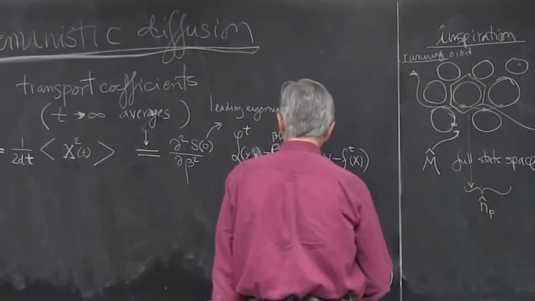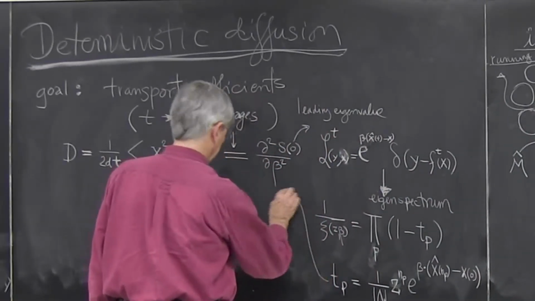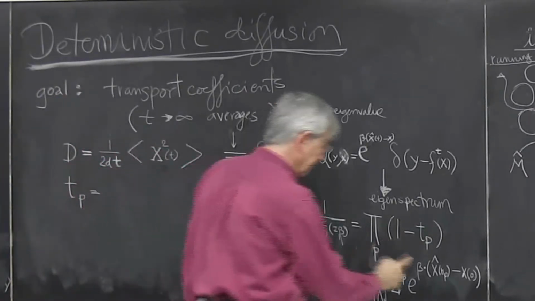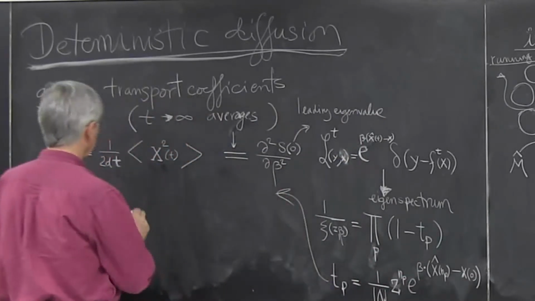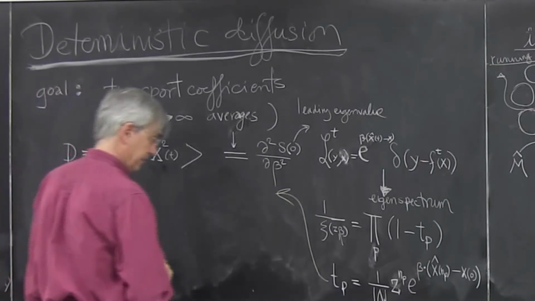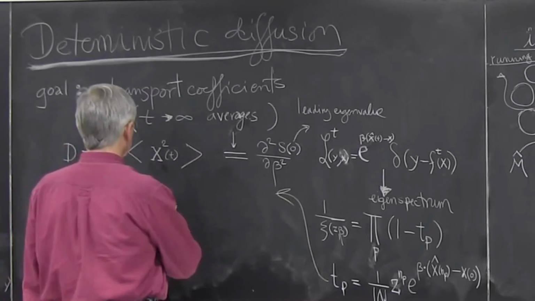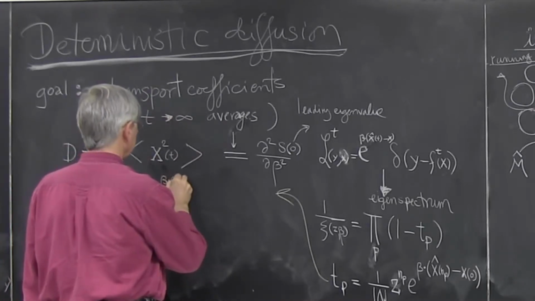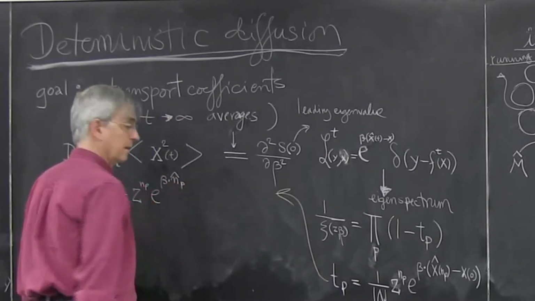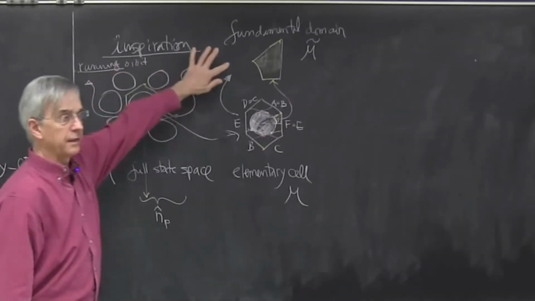So that says that this weight that we are computing, the weight of a prime cycle in the fundamental domain, is 1 over lambda, the stability of that cycle, periodic orbit, its length in discrete time units, and its weight beta dot, a two-dimensional vector p, which is a group element in the translation group.